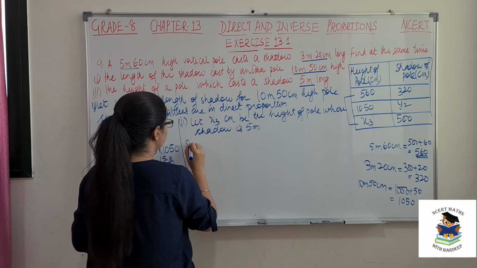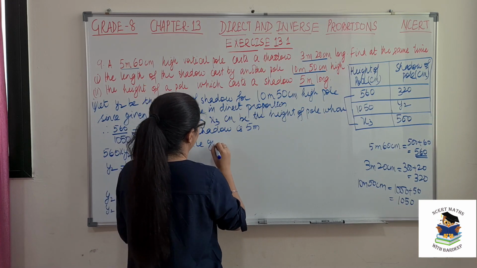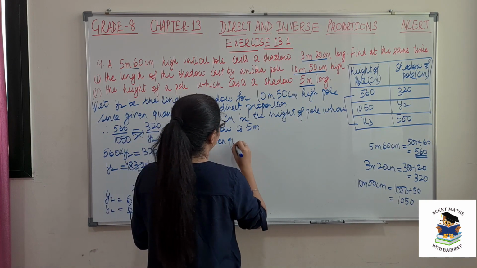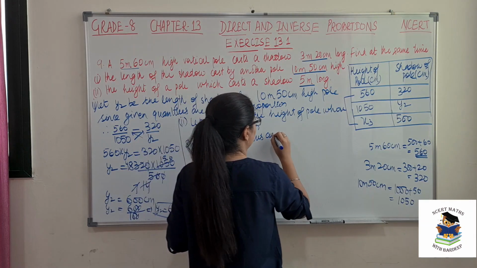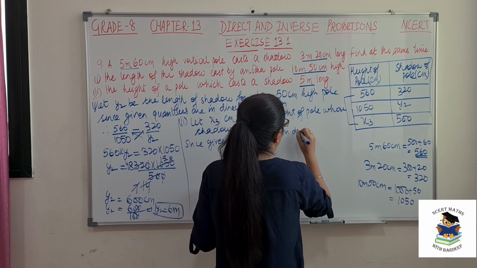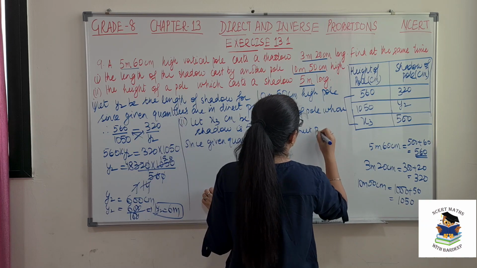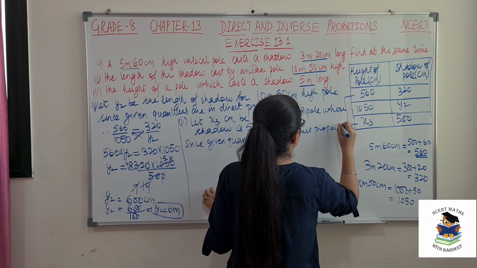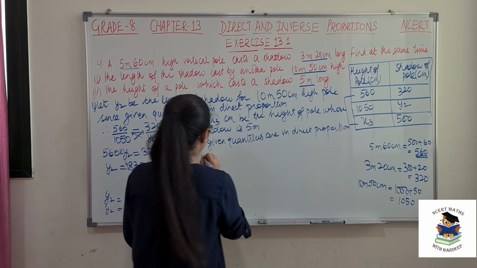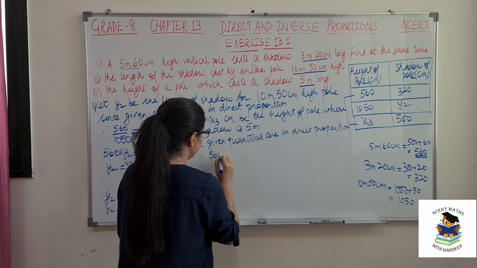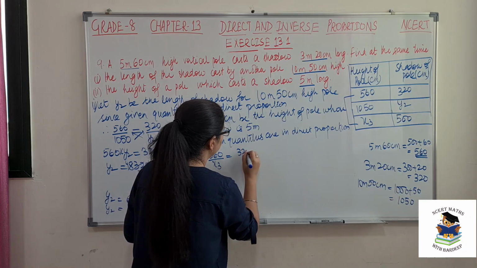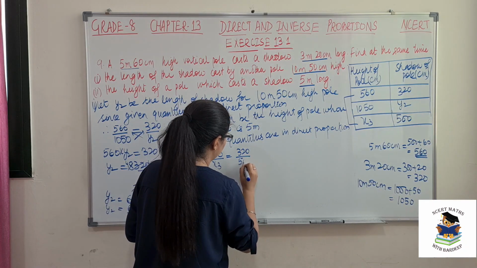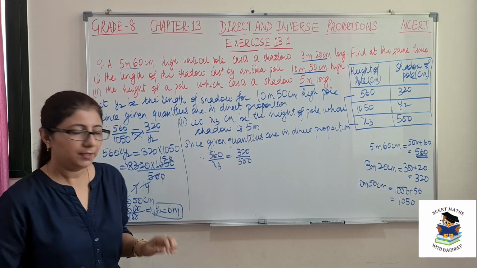Okay, since again same thing, given quantities are in direct proportion, therefore 560 over x3 is equal to 320 over 500, right?